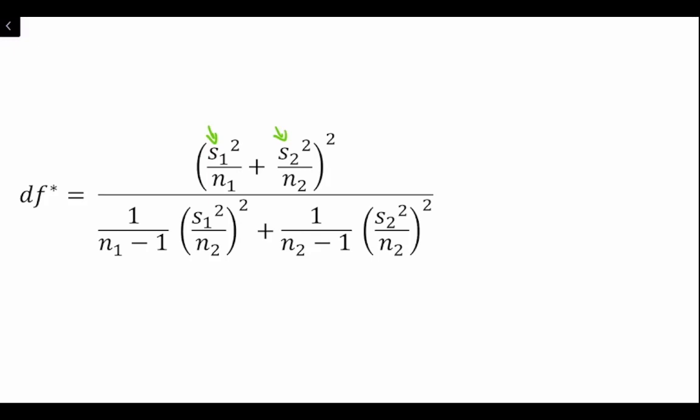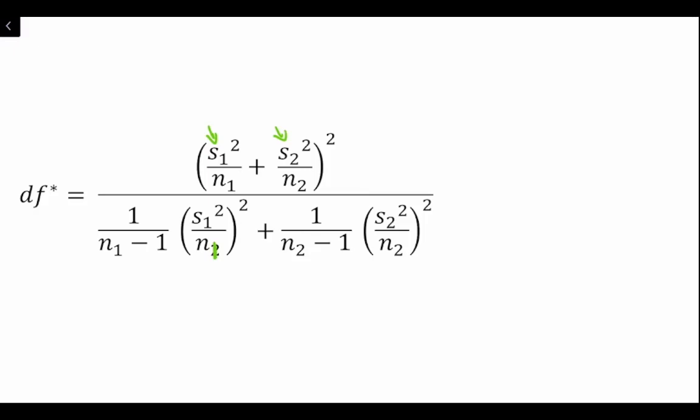All that sum is then squared, divided by 1 over n1 minus 1 times the standard deviation of sample 1 squared divided by n1, plus 1 over n2 minus 1 times the standard deviation of our second sample squared divided by n2, all squared. This should say n1, not n2.